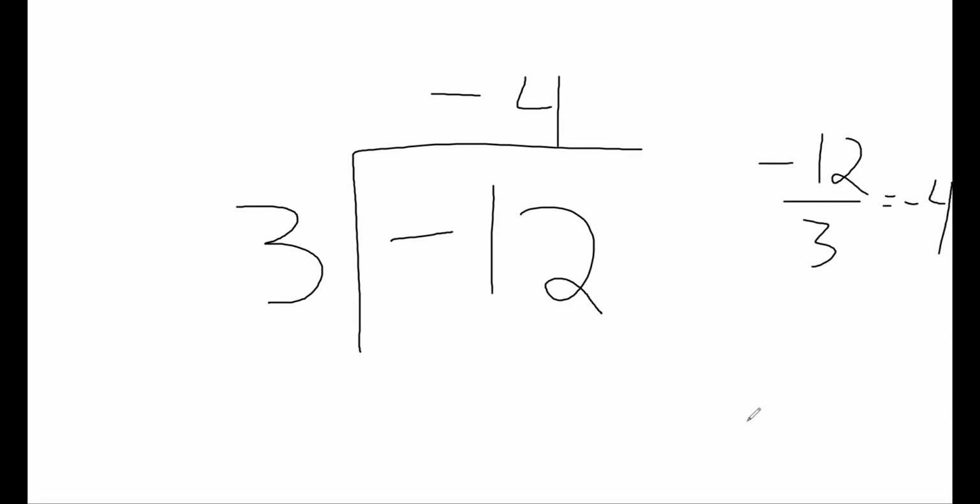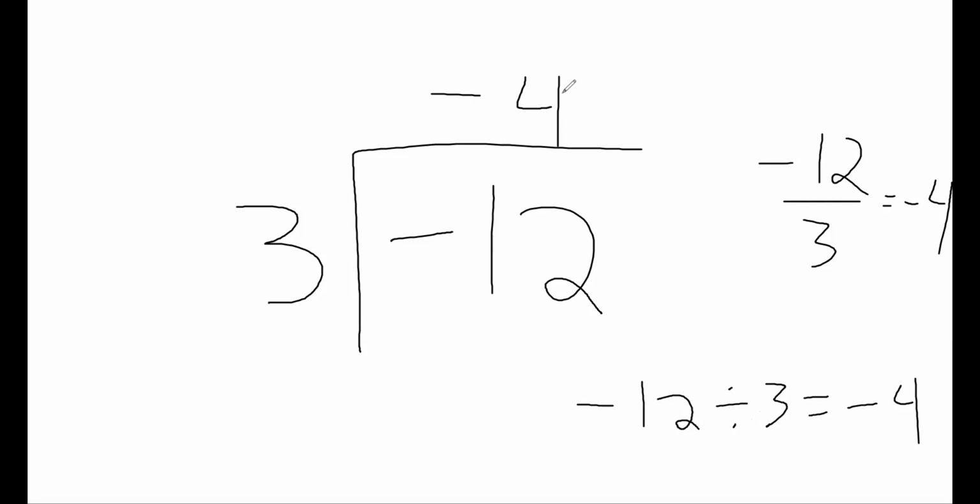Or you can say negative 12 divided by 3 equals negative 4. So those are the different ways that we can symbolize division and how we actually perform the process of it. Let's talk about a few labels.